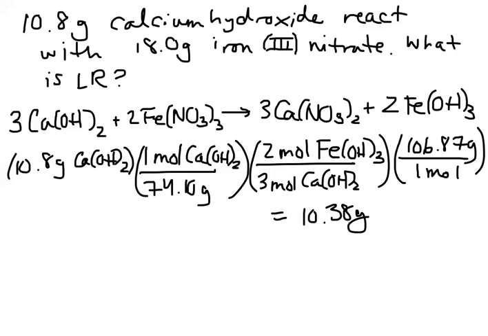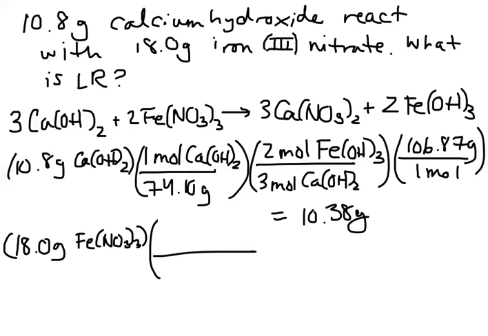And that gives me 10.38 grams. But I'm not done yet because I have to consider the iron nitrate. So 18.0 grams Fe(NO3)3. The mass of that is 241.88 grams per 1 mole of iron nitrate.